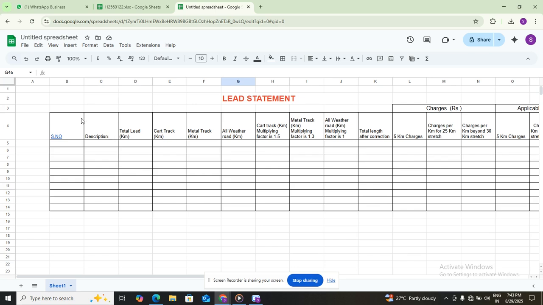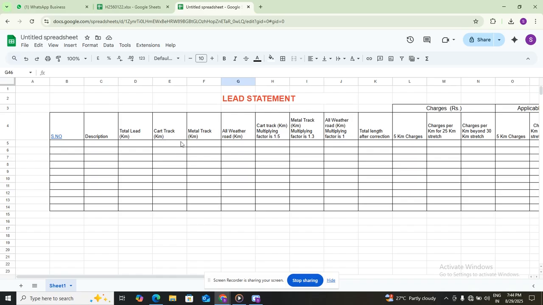Next, the cart track. For example, sandy soil is found in rivers. We need to go to the river bed, and only then can we take the sand to our destination. At that time we have to use a cart road.